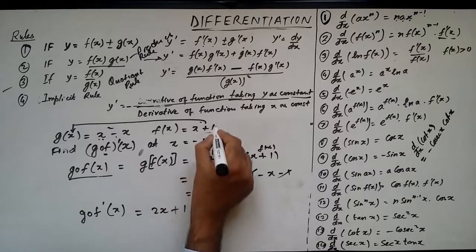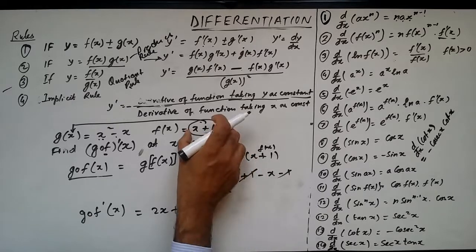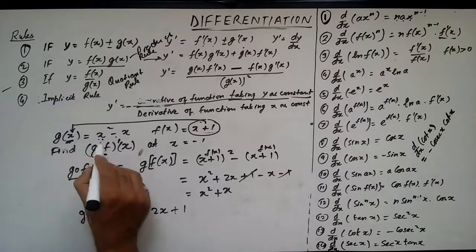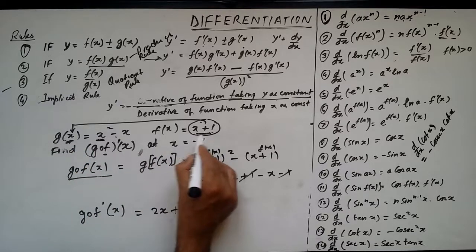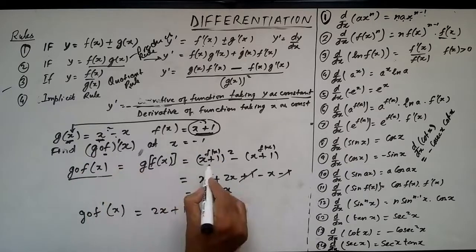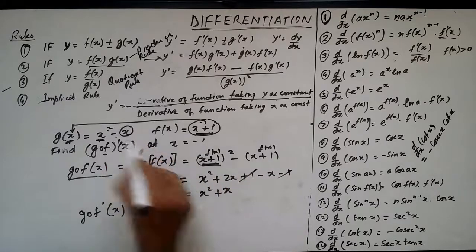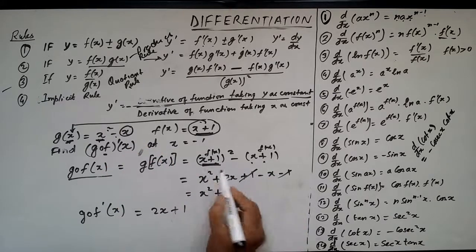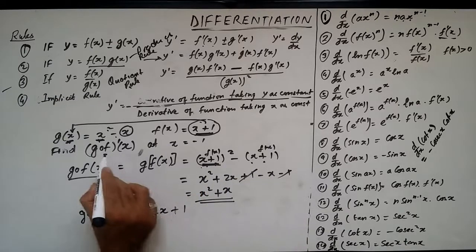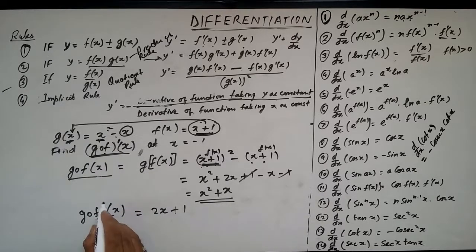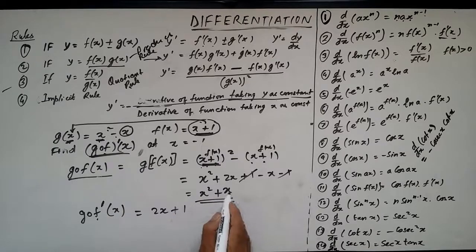This f(x) is x plus 1, so it will serve as an input variable instead of x in g(x). So this x squared is substituted by (x plus 1) whole squared, minus, and this x we have substituted by x plus 1. Finally we expand the two expressions to get this expression. Now our goal is to find the derivative of g of f, and the derivative of this composite function is 2x plus 1.